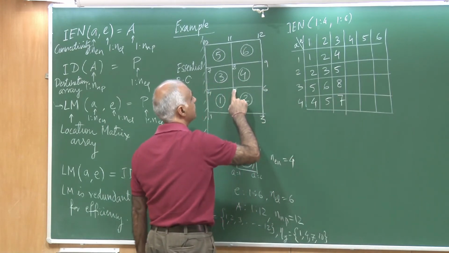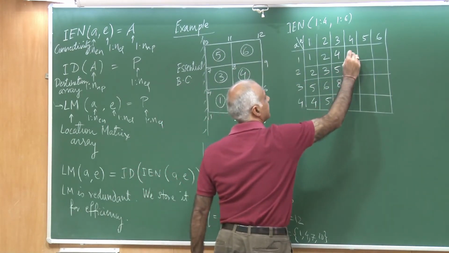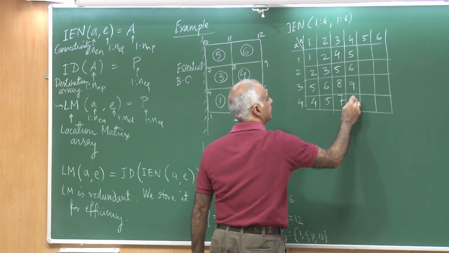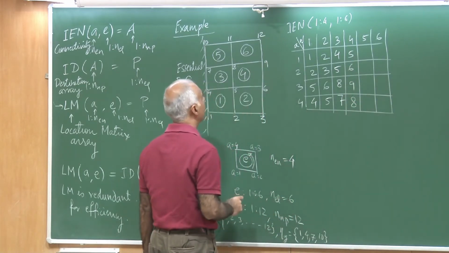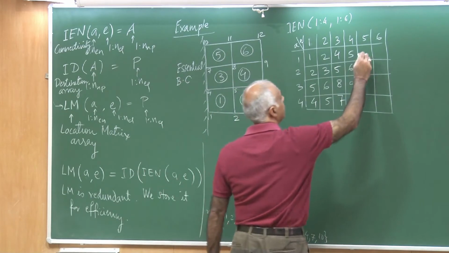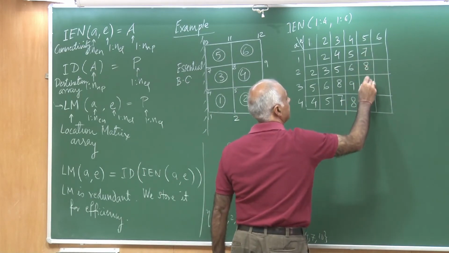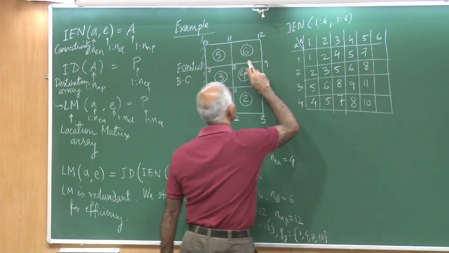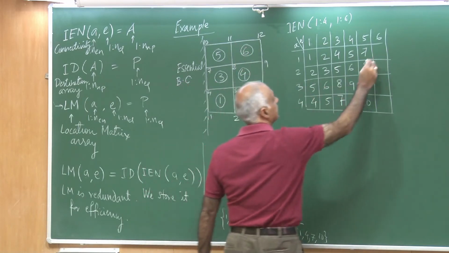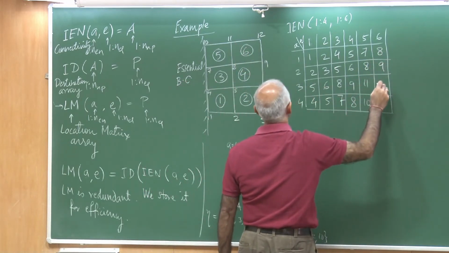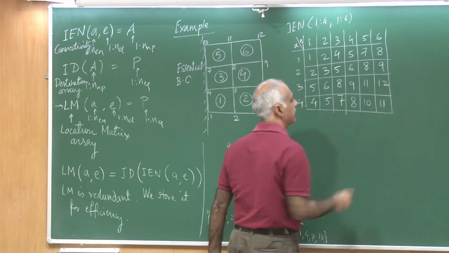Likewise, for 4 it should be 5, 6, 9, 8. And for number 5 it should be 7, 8, 11, 10. And for number 6 it is 8, 9, 12, 11.